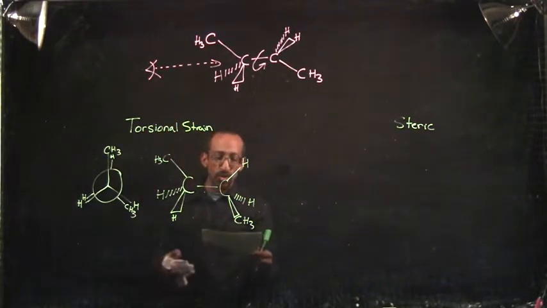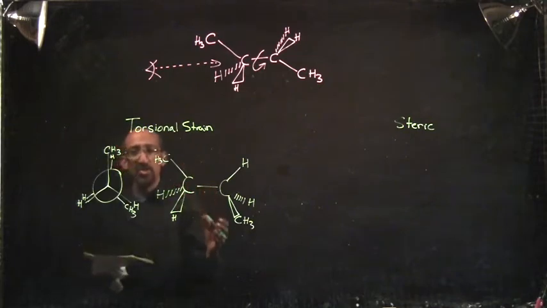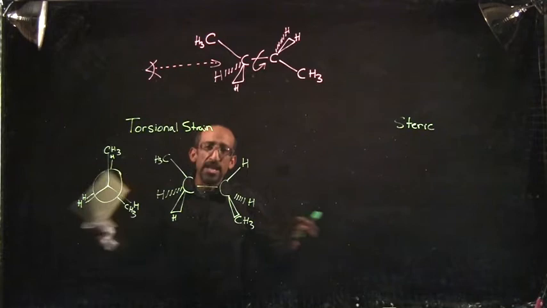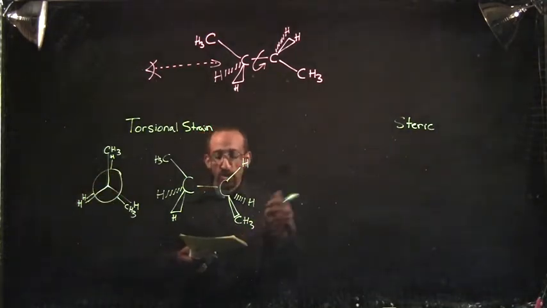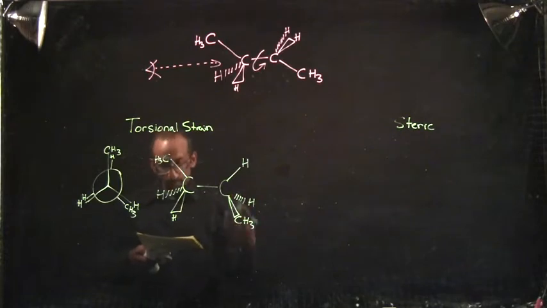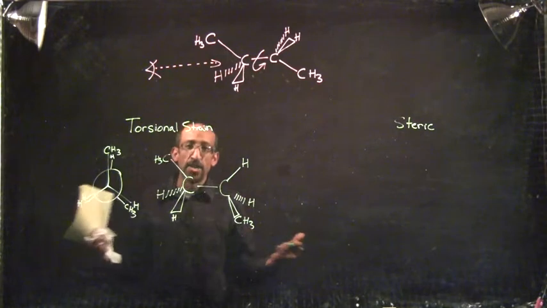Another way to describe torsional strain is repulsion due to the electrostatic forces in bonds wanting to be away from each other. Or torsional strain is caused by eclipsing bonds, which is a region of electron density trying to repel each other.